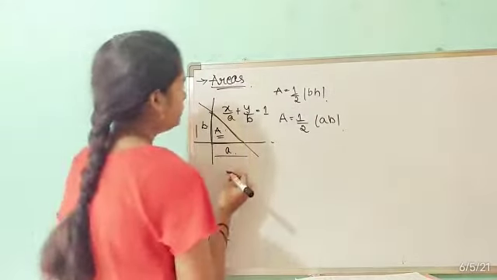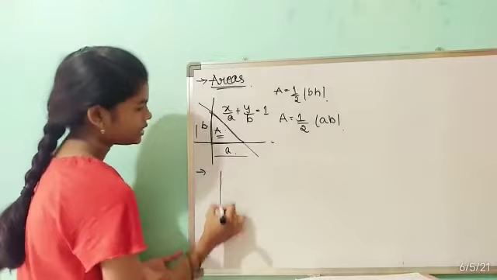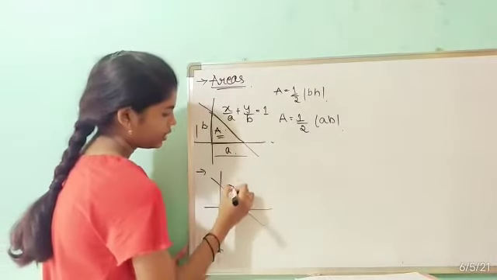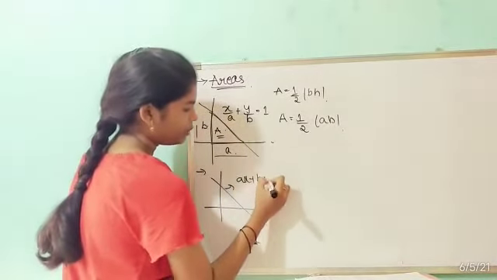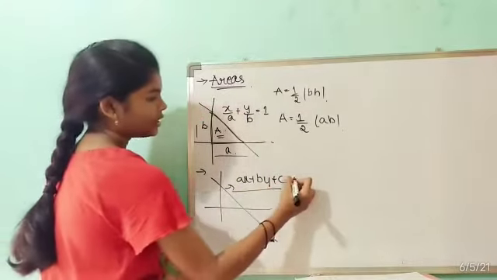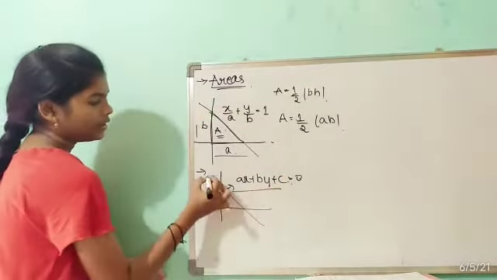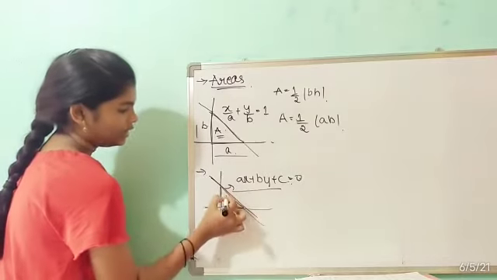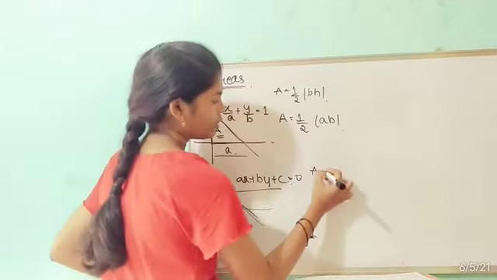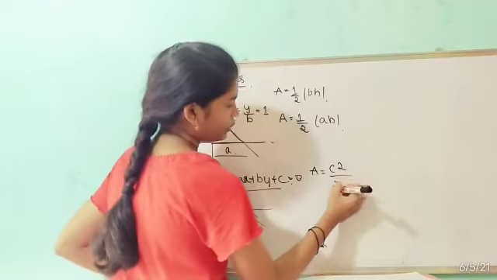And then if we take the area enclosed by the line ax plus by plus c is equal to 0, if this line forms a triangle with the axes, then the area will be c square by 2 mod ab.